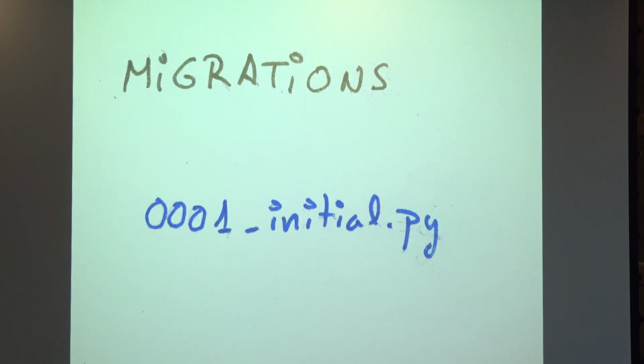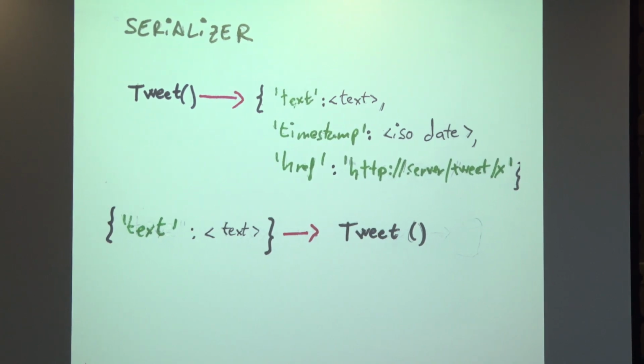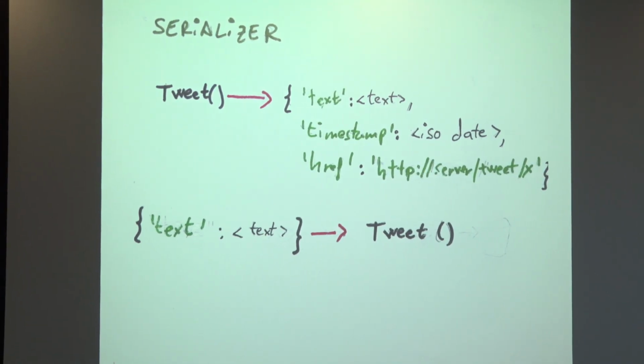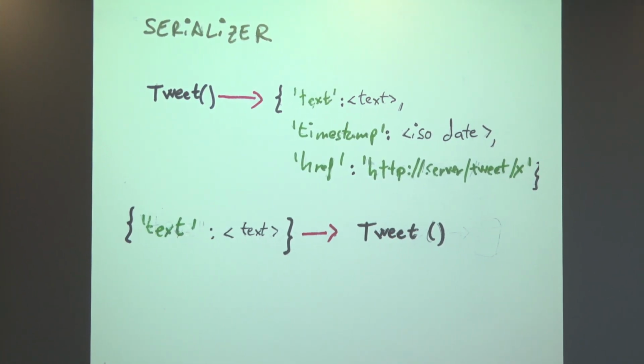There's this concept in Django REST framework of a serializer. A serializer is a way of abstracting the representation of your models. You have a tweet that is a Django model object, and that gets transformed into JSON, so it works both in and out.